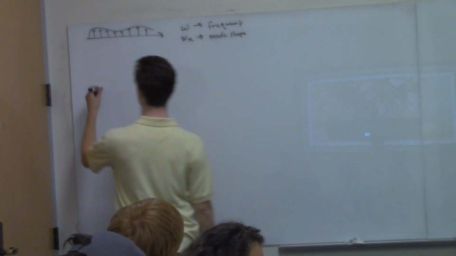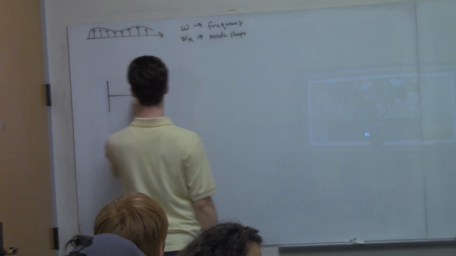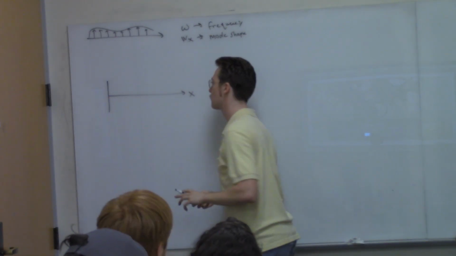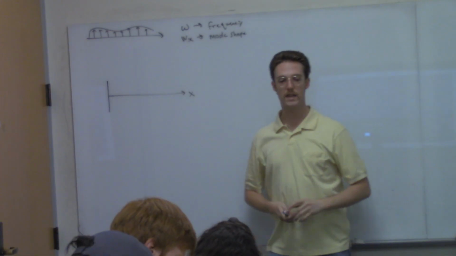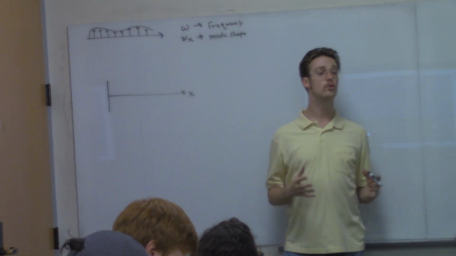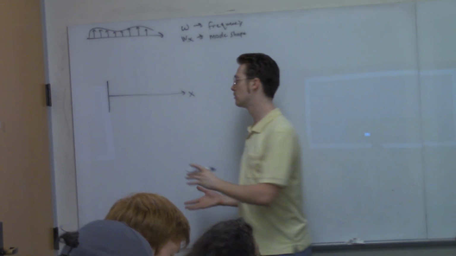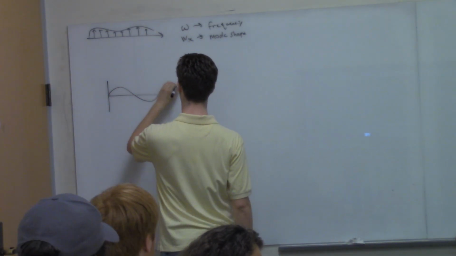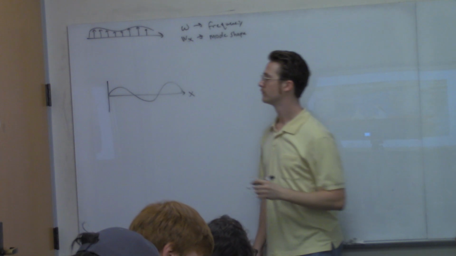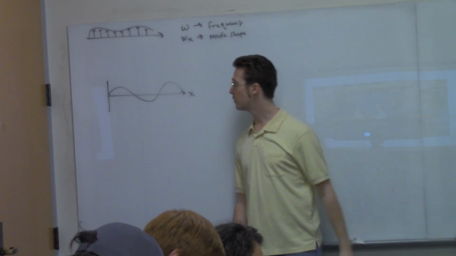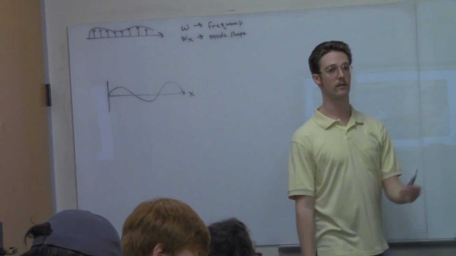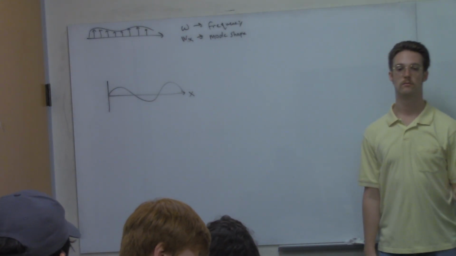So, when we have something over x, we have something called nodes and antinodes. So let's say I had something like this. Can somebody tell me how many antinodes and nodes there are, which one is which, and where they might be?